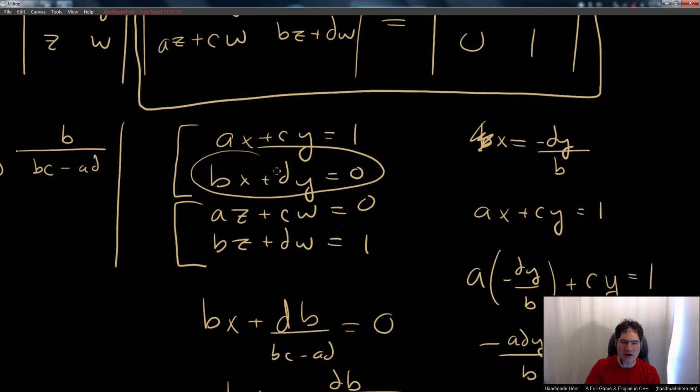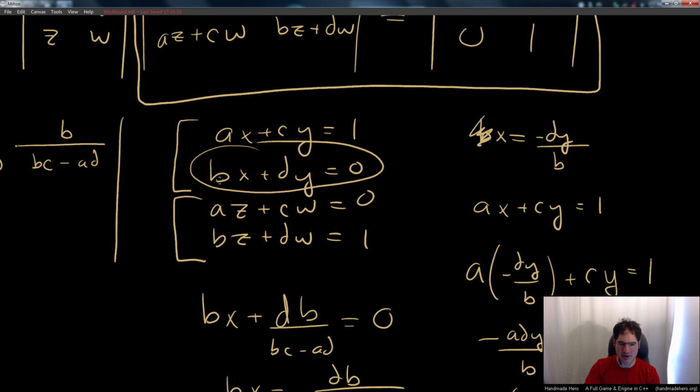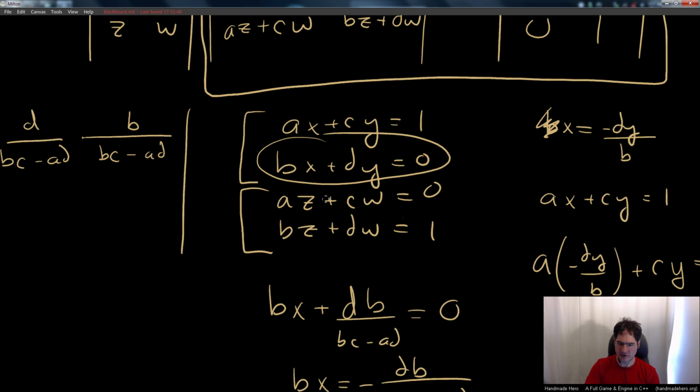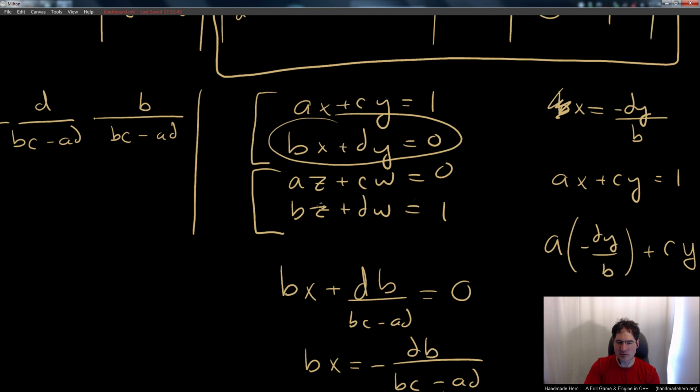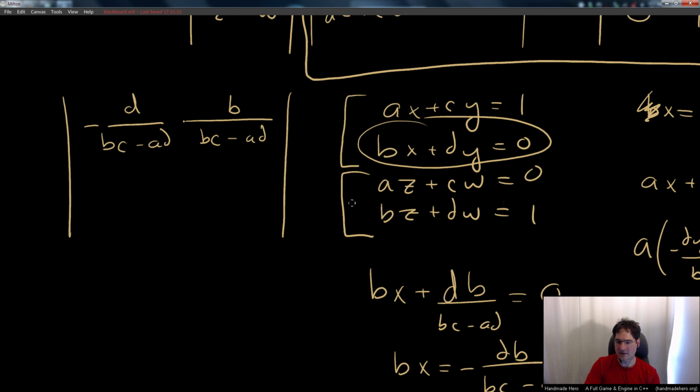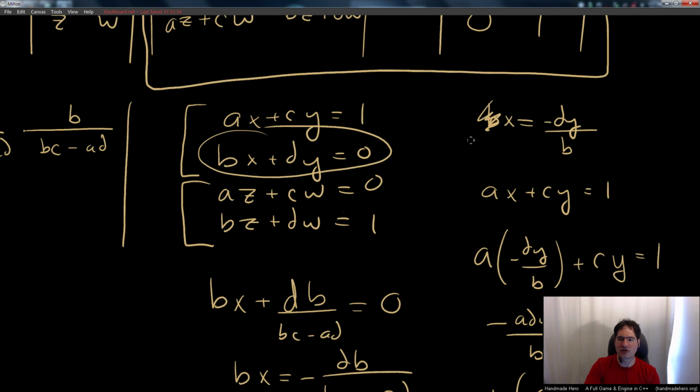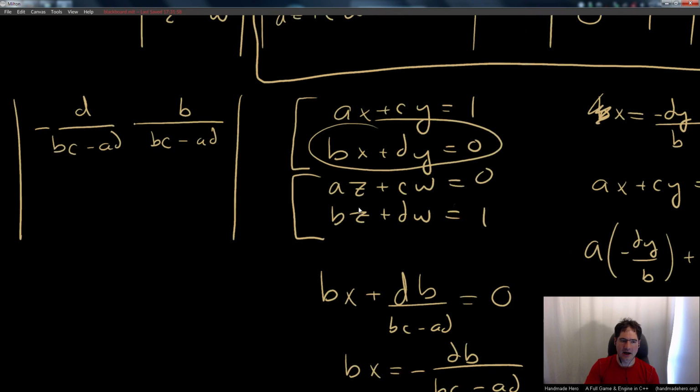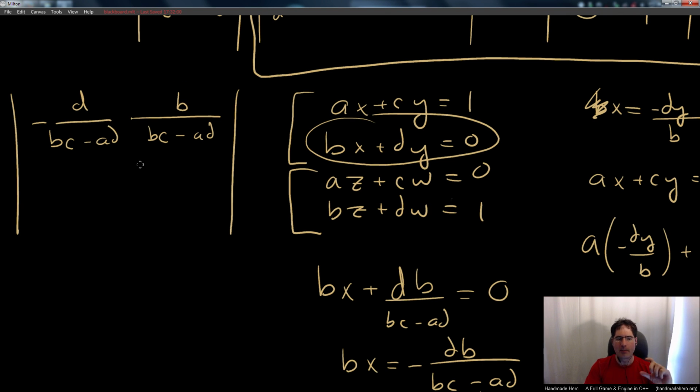So essentially, we could flip the AB and the CD, and the solutions to the equations would be the same. Do you see what I'm saying? Because it's really just the same two equations with z in place of x, w in place of y, and the 0 and the 1 flipped. Make sense? So if we were so inclined, we could jump right to the conclusion that we're going to get the same two terms here, but with the opposite set of letters. But I'm going to do it out longhand just so you can see it.